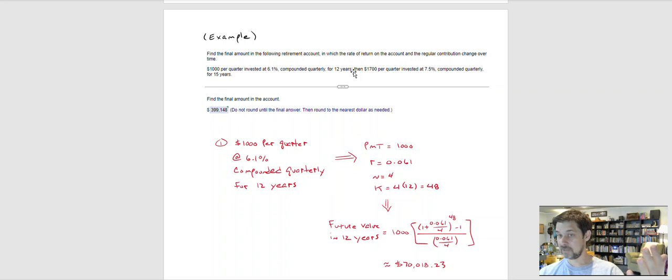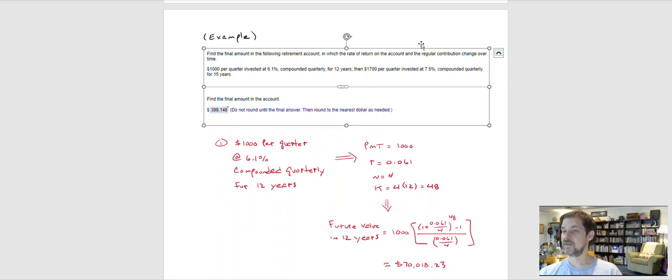Then, after I make that last payment of $1,000 at the end of the last quarter, at the end of 12 years, everything changes. Then I make $1,700 per quarter, invested at 6.5% compounded quarterly.